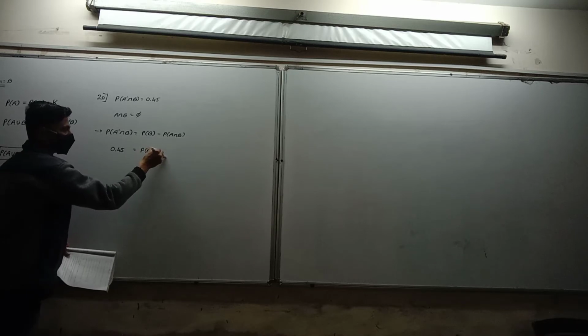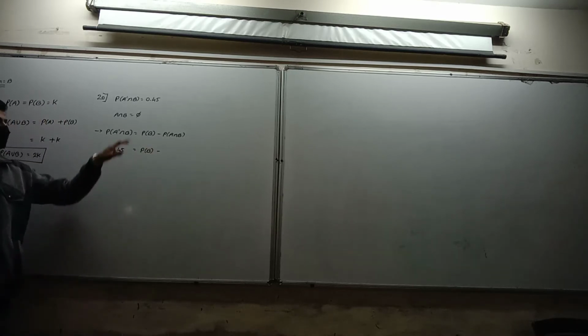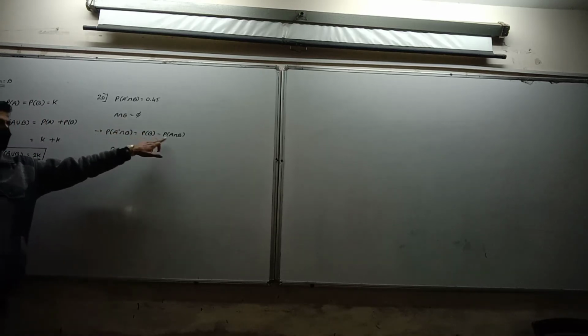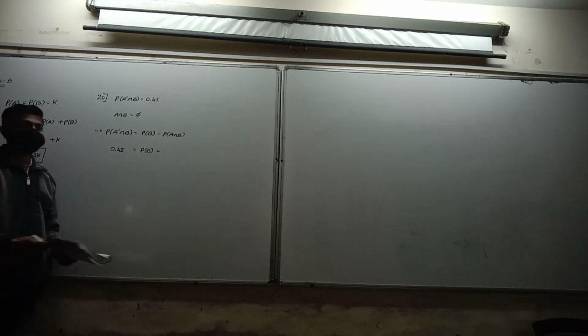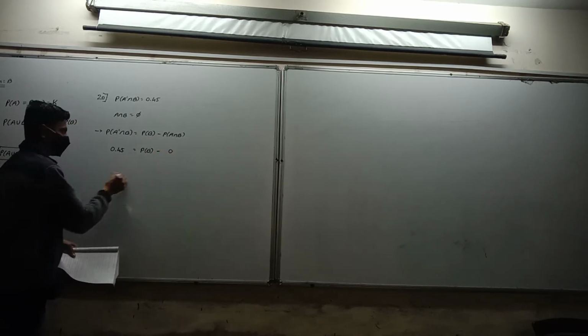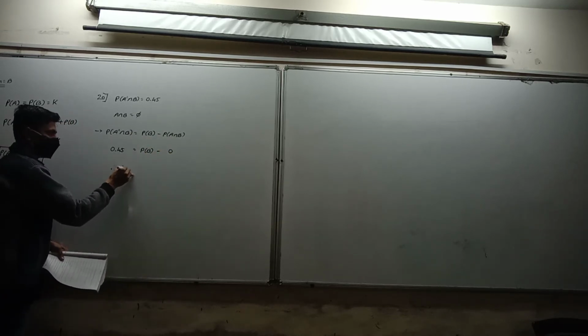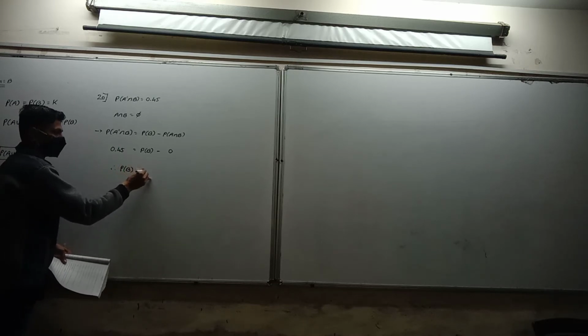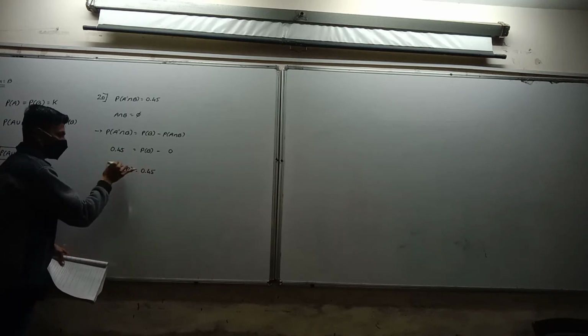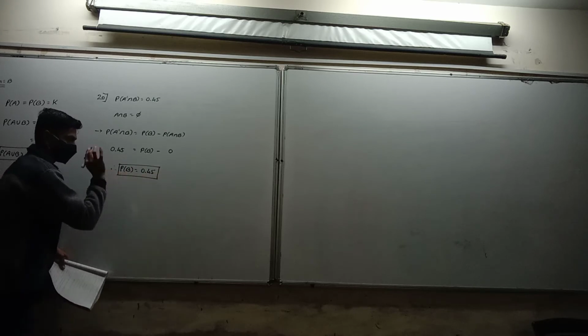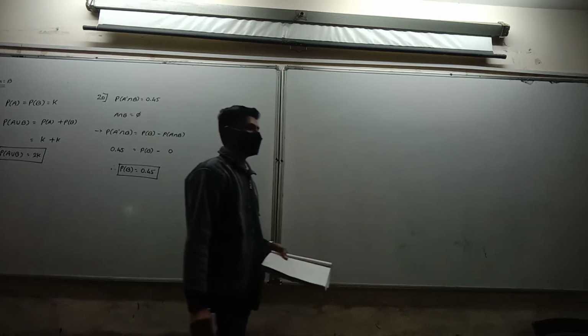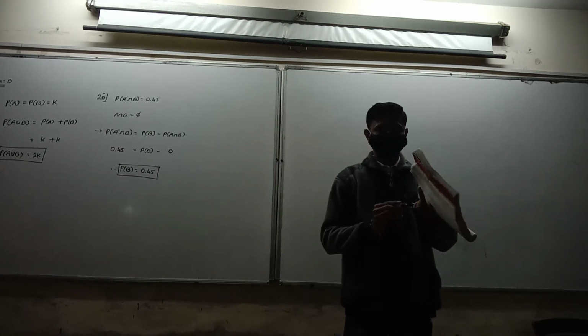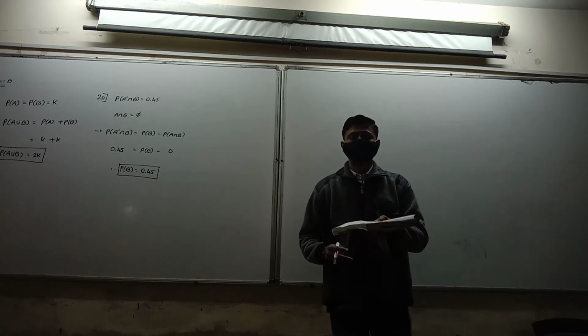P of B is not given. A intersection B is phi, so probability P of A intersection B is 0. Therefore P of B is equal to 0.45. Okay, write down as it is, same value 0.45 for the event B.